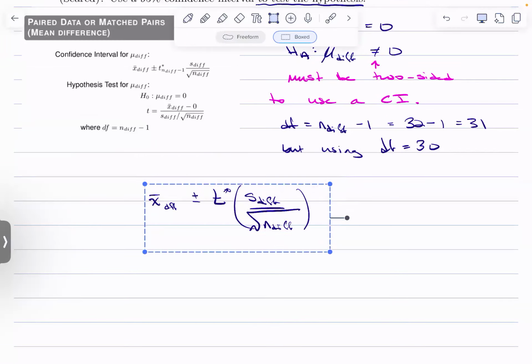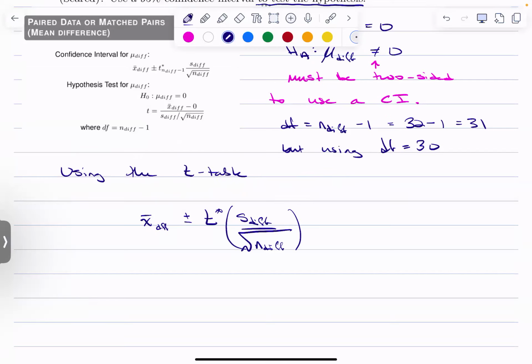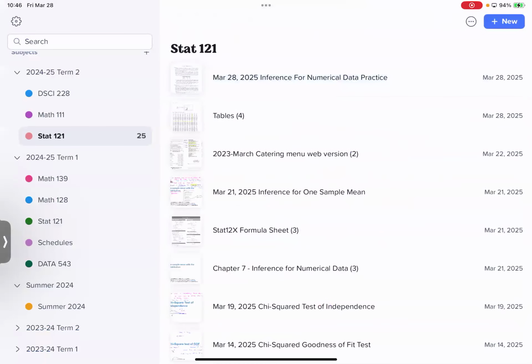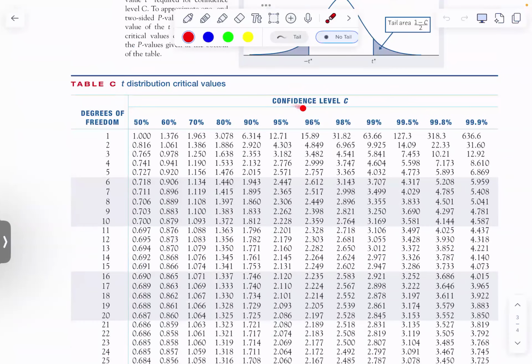Using the T table, we find T star. We wanted a 95% confidence interval, so here we go for our confidence level, 95.